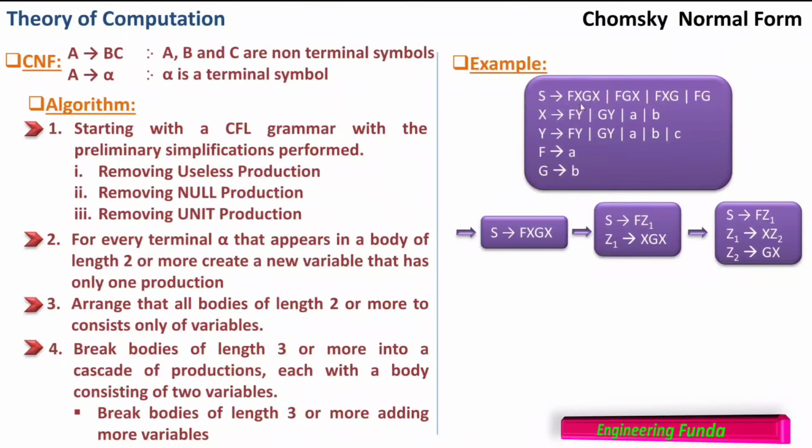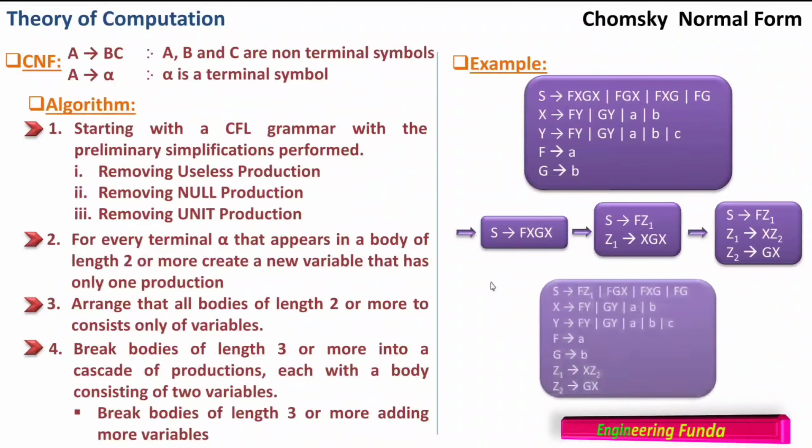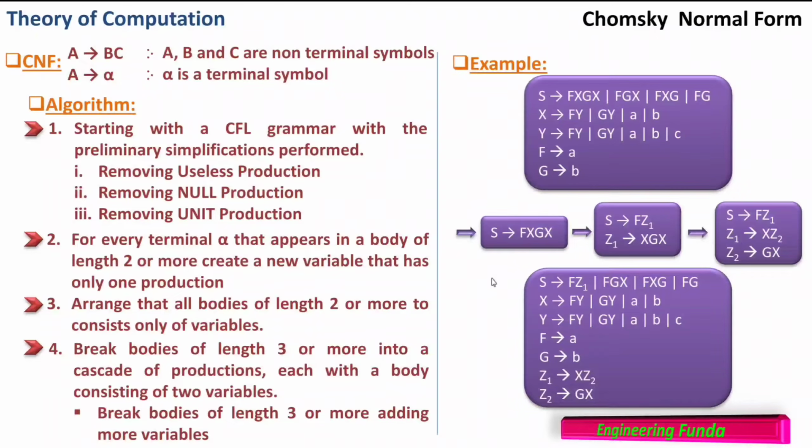Now my dear friends, what we have to do is remove this S tends to FXGX, and instead add these 3 productions here. So my new grammar will look like this. S tends to FXGX is replaced with FZ1, and these two new productions are added: Z1 tends to XZ2 and Z2 tends to GX.